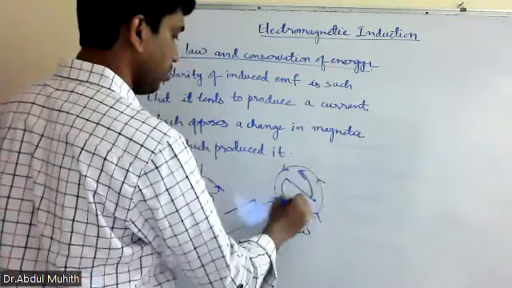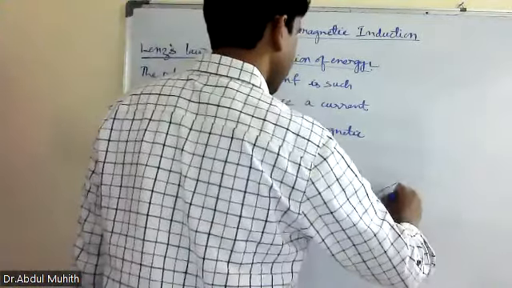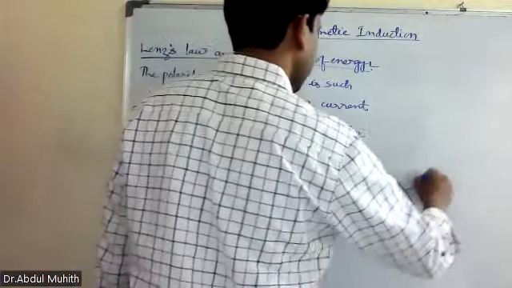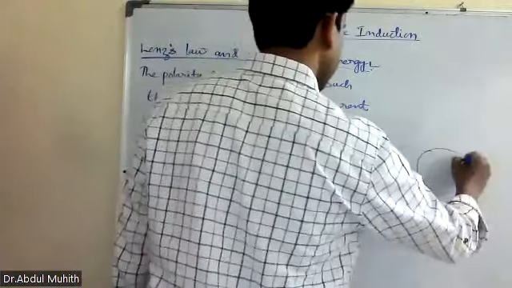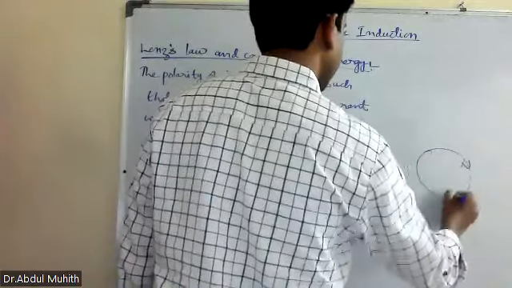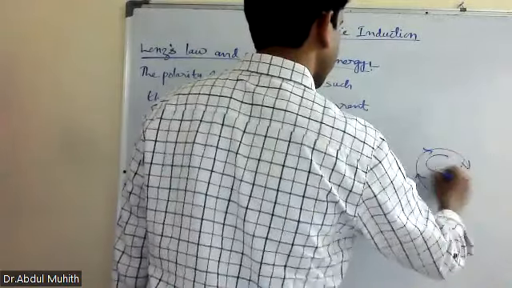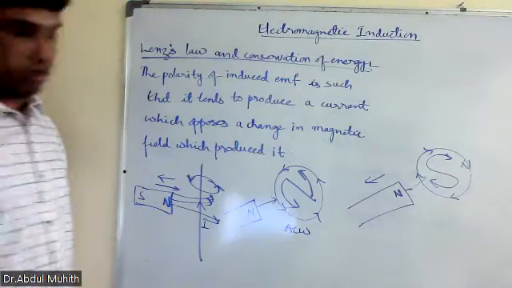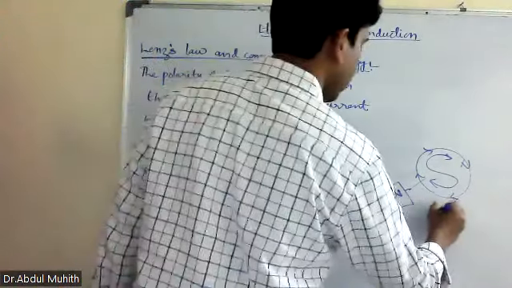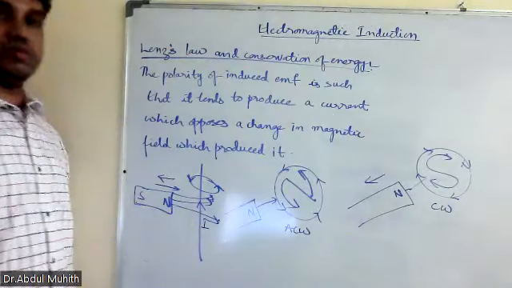Similarly, when the magnet is made to move away from the coil, then a south pole is formed. Is that clear? So that is said to be the clockwise movement.